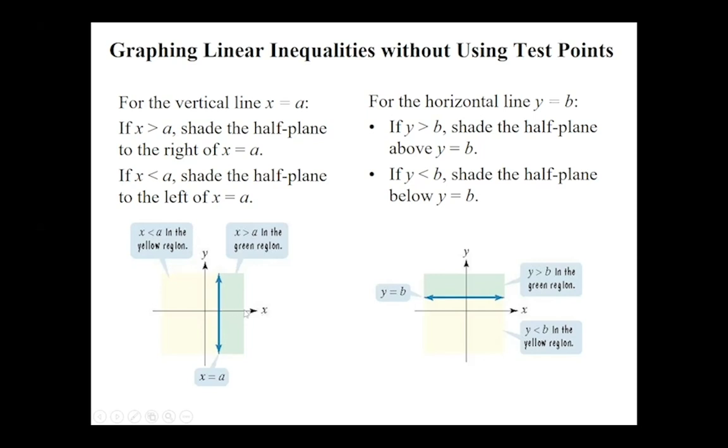So instead of just shading the line, we shade above and below as well. Greater than would clearly be to the right, less than would clearly be to the left because there's no slant to the vertical line x equals a.